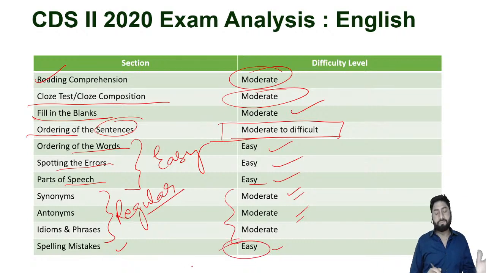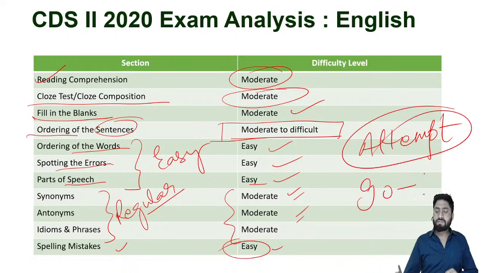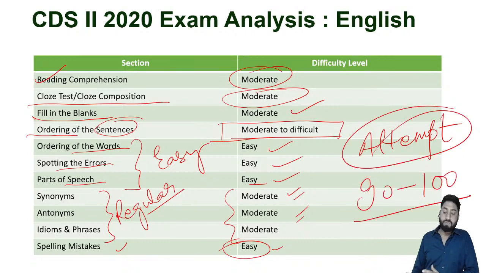The spelling mistakes 40 questions were quite easy सारे स्टूडेंट्स के लिए जिन्होंने भी इंग्लिश की थोड़ी सी प्रिपरेशन करी है, और बाकियों में से 10-20 तो आसानी से you can do, right? So the proper attempt is around 90 to 100, जो हम मान के चल रहे हैं good attempt. जो भी स्टूडेंट्स थोड़ी सी सीरियस प्रिपरेशन कर रहे हैं, they must have attempted around 90 to 100 questions. That much was attemptable with quite good accuracy, and you'll definitely get good marks, right? That's what we are expecting from our students, right?